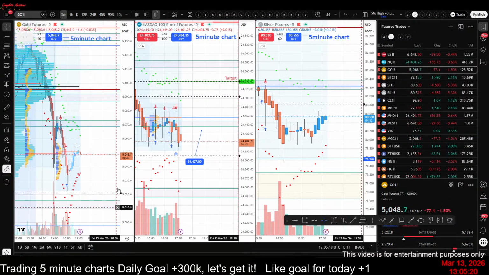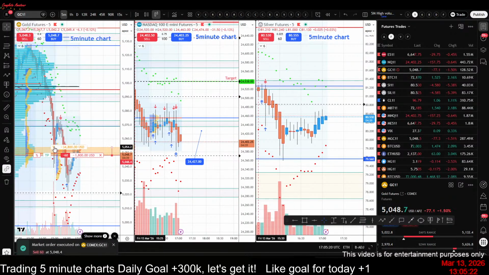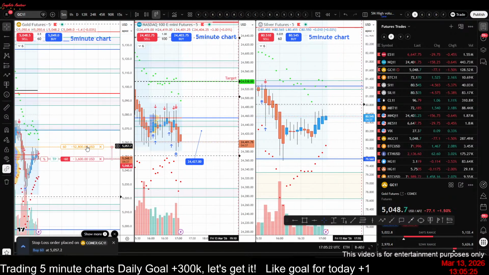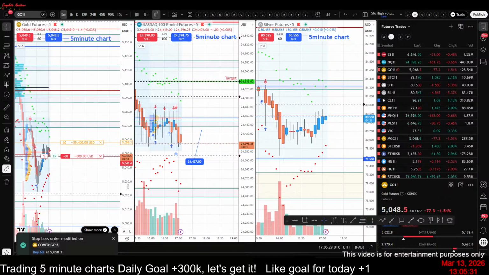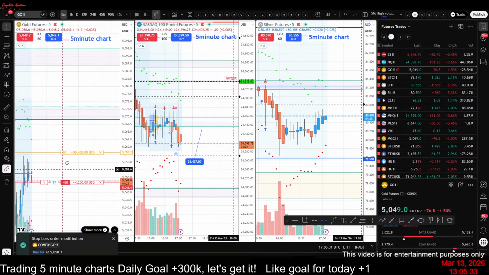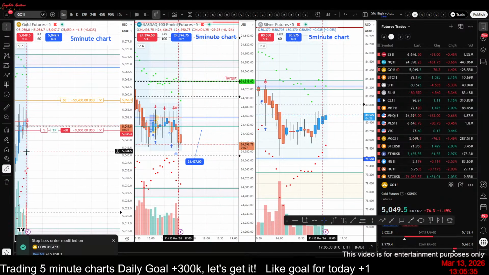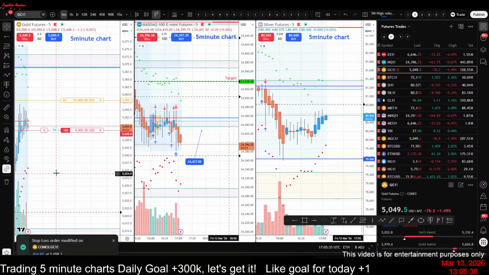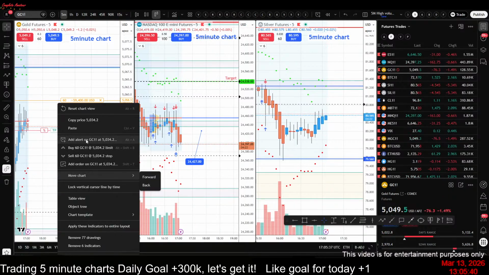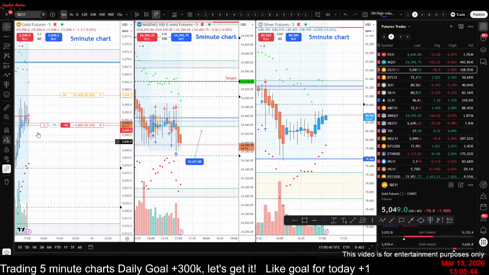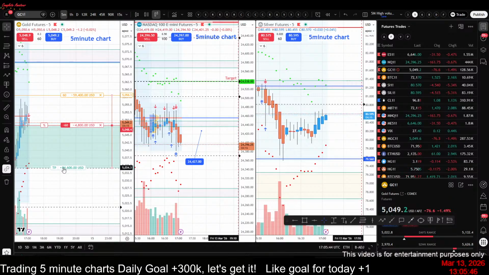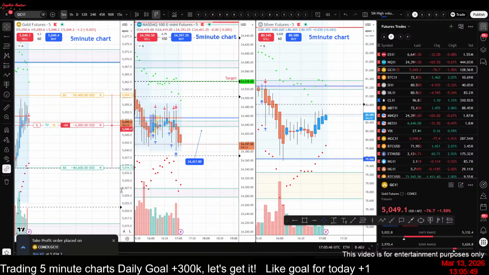I'll tell you what, I'll take a short. I'll just stop right there. So what I'll need to see here is, so a very aggressive short, I need to see near immediate continuation.